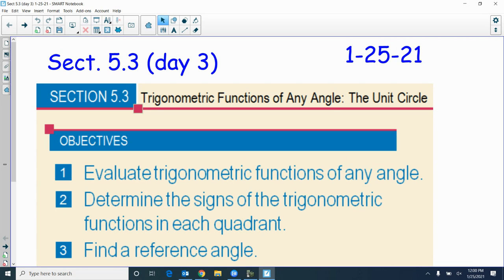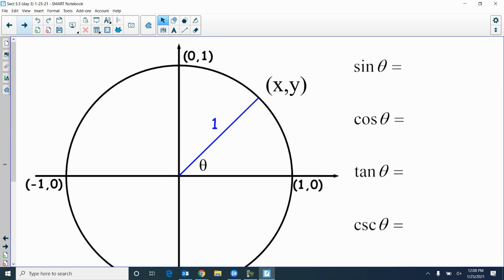But we've got to build up a few things. I think we listed these on Friday, right? Sine of theta is y, correct? That's because we use the unit circle, which has a radius of 1, and if this is the point (x, y), then opposite would be y, adjacent would be x, and you're dividing by 1, the hypotenuse.